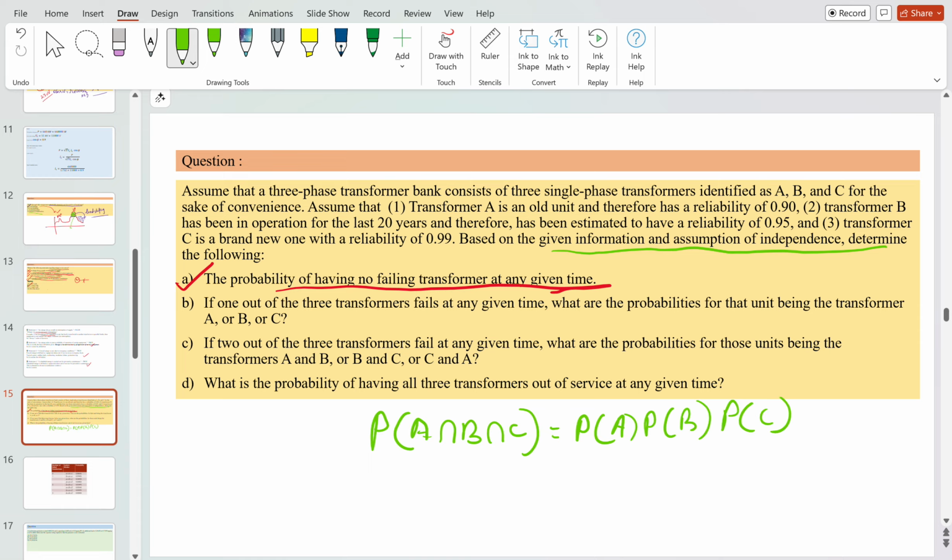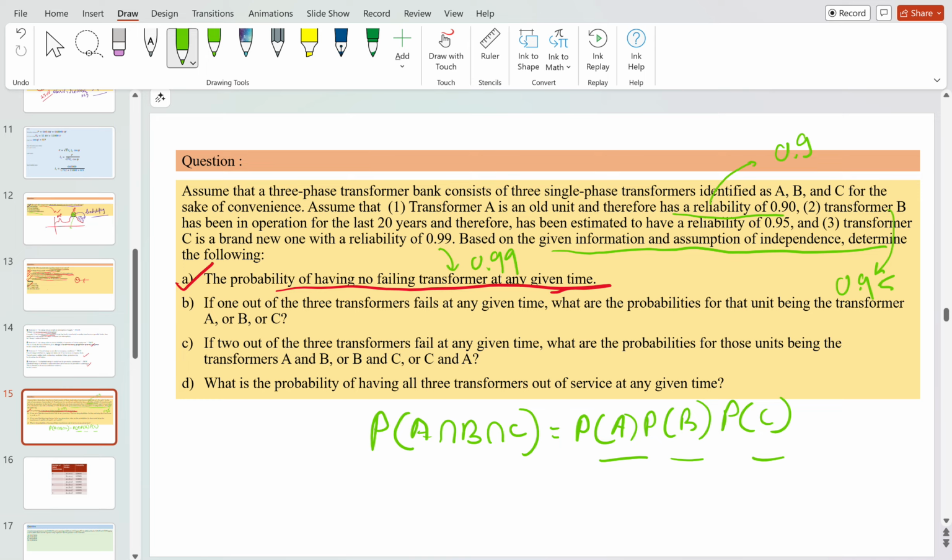When the occurrence of one event is independent of the occurrence of the second event, and it is an intersection, you can multiply the terms. It is said that the probability of operation of the first unit is 0.9, of transformer B is 0.95, and of the third unit is 0.99.